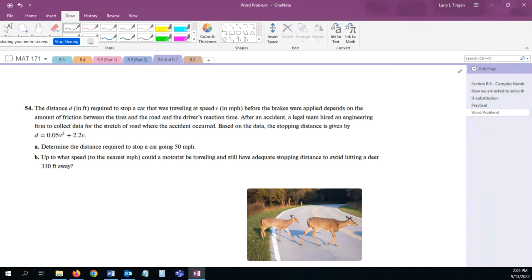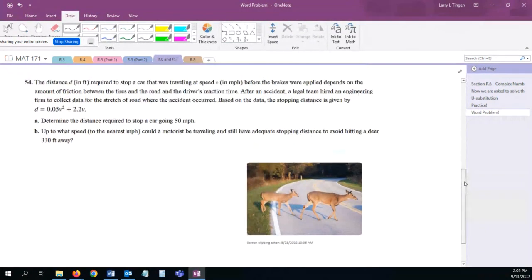Based on the data, the stopping distances given by this equation determine the distance required to stop a car going 50 miles an hour, and up to what speed to the nearest mile per hour could the motorist be traveling and still have adequate stopping distance to avoid hitting the deer.